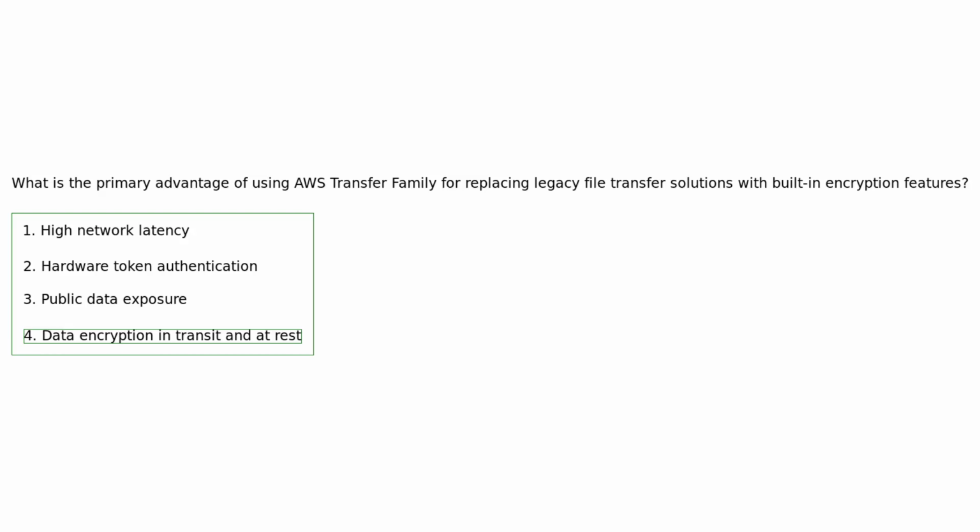The primary advantage of using AWS Transfer Family is its data encryption capability in transit and at rest, providing end-to-end encryption for secure file transfers, protecting data from unauthorized access and data breaches, and ensuring data confidentiality during transfer operations, making it a secure file transfer solution compared to legacy systems.